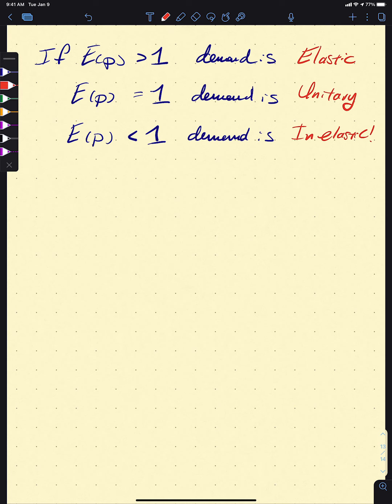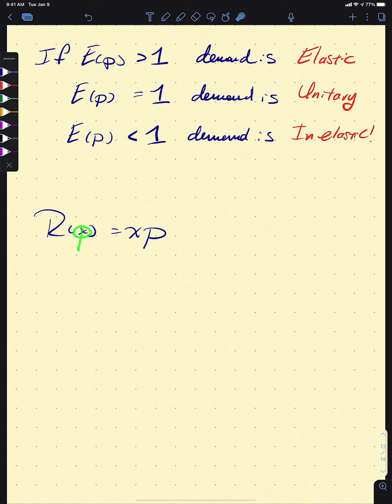Using these same ideas, we can apply this to the notion of revenue. This is our revenue equation. Rather than writing P as a function of X, what if we wrote X as a function of P?